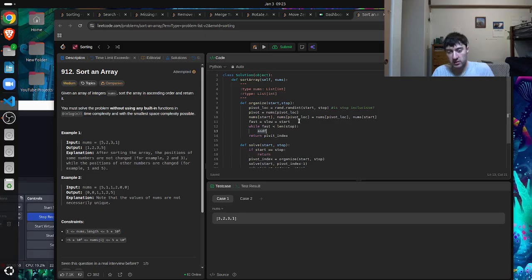So the thing is, we can either find an element that conforms, right? If we find an element that conforms, we need to swap it. Okay.